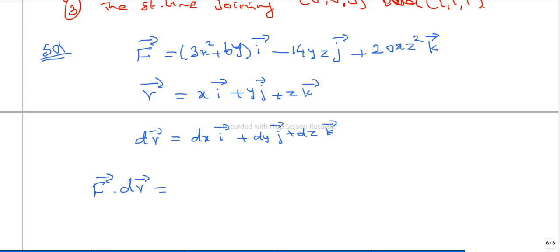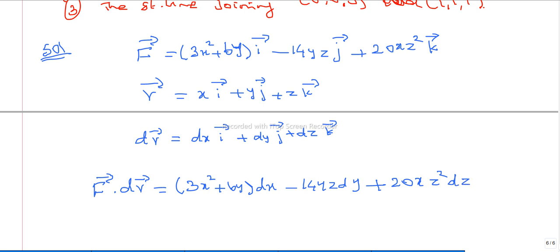Therefore, we have (3x square plus 6y) times dx plus minus 14yz times dy plus 20xz square times dz. So this is F dot dr.